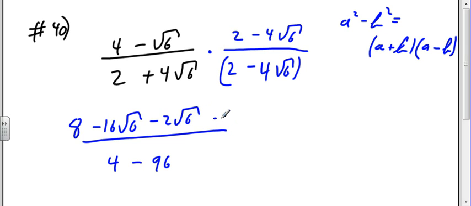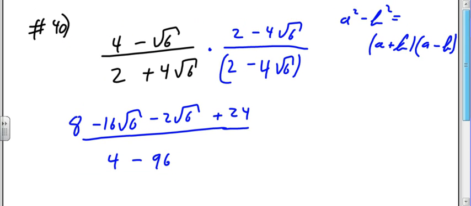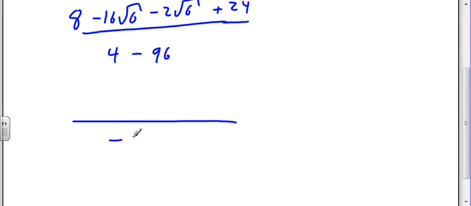And I've got a plus 4 times 6, which is 24. On the bottom I do a squared minus b squared. Yeah, that's what it is. So I got a minus 92 on the bottom, and I got a 32 on top, and a minus 18 square root of 6 on top.